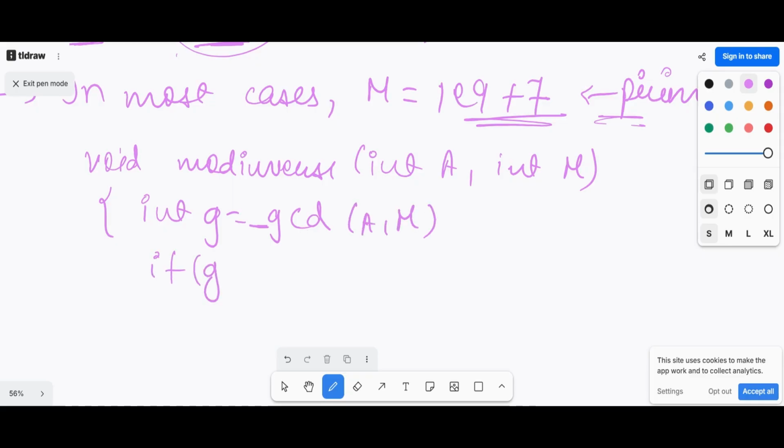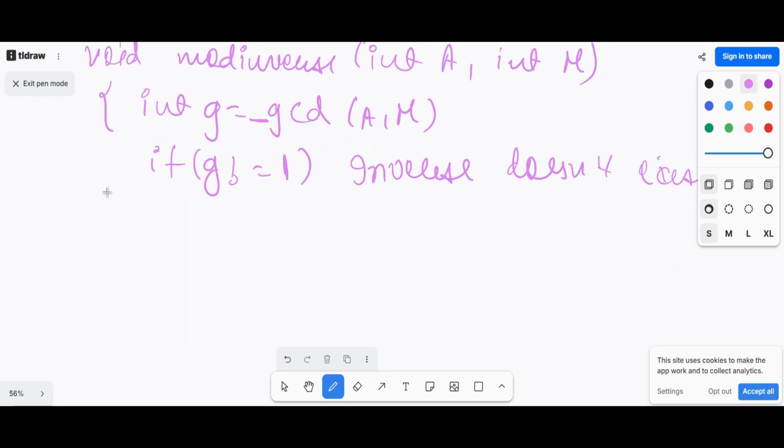If G is not equal to 1, that means inverse does not exist. This is the basic condition. For inverse to exist, this GCD of a and m should be 1. Otherwise, we will return power of a comma m minus 2 modulo m.